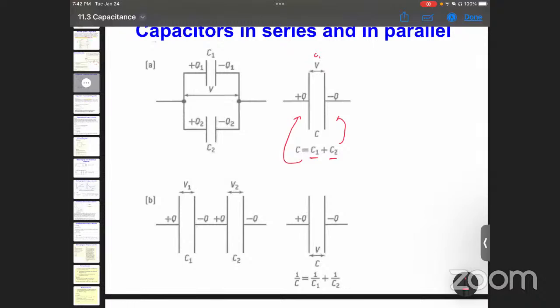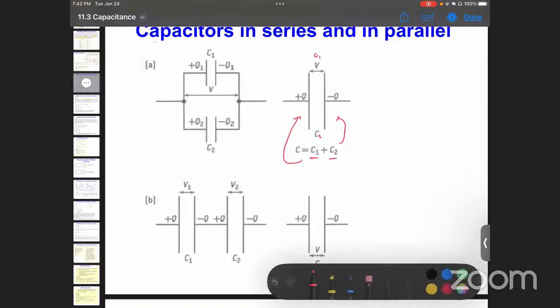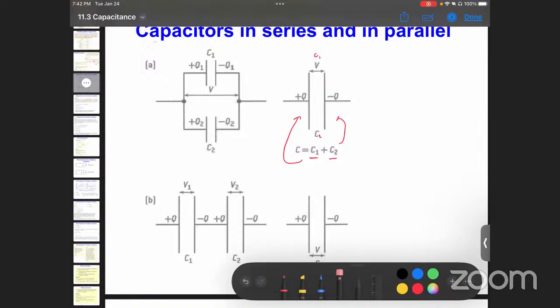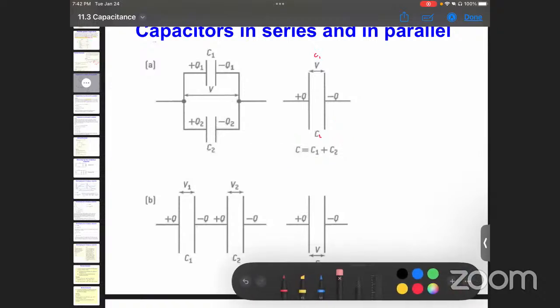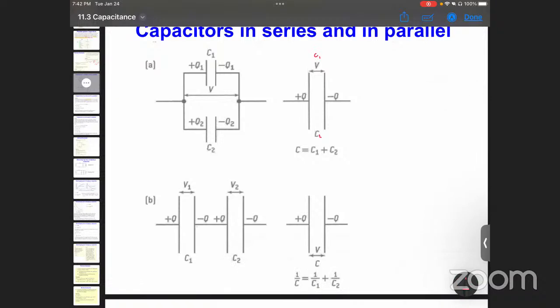C1 is up here, this is C2. The left image has C1 and C2, and the right image is just the equivalent, the big one. C1 is at the top and C2 at the bottom, but the big one doesn't have a separate C1 and C2.